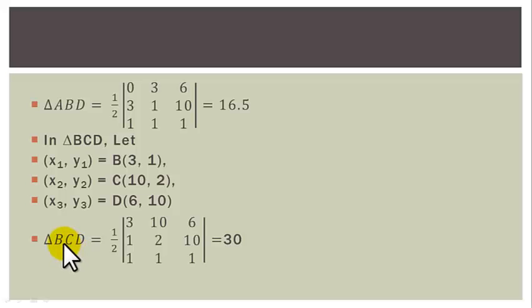Therefore, area of triangle BCD is equal to half times the absolute value of the determinant of the matrix with x1, x2, x3 in row 1, that is 3, 10, 6, y1, y2, y3 in row 2, that is 1, 2, 10, and 1, 1, 1 in row 3. Evaluating this determinant and multiplying by half will give us 30 square units.